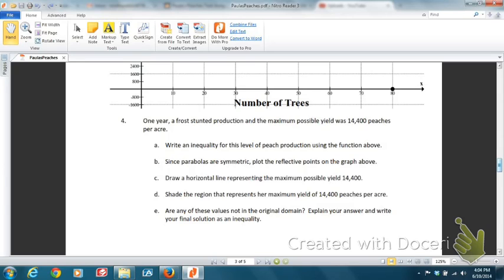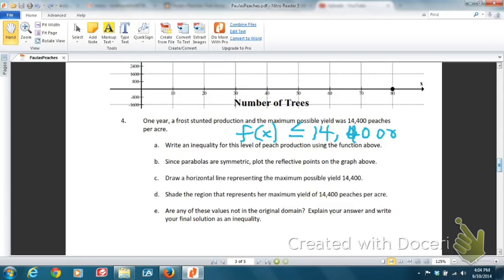So you would have less than or equal to 14,400 peaches, because that would be the maximum. You wouldn't have more than that. So your function f of x, whatever it is, would have to yield less than or equal to 14,400 peaches.